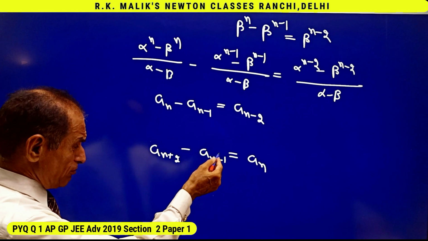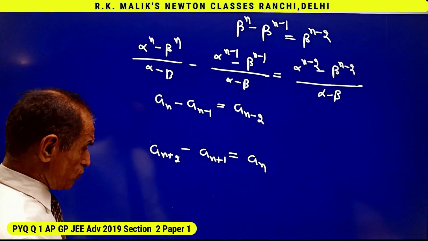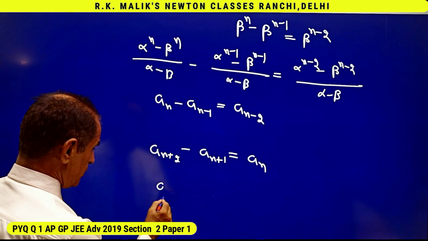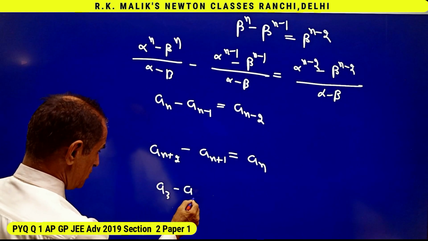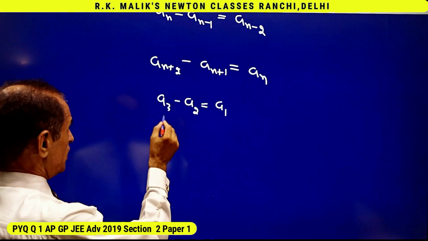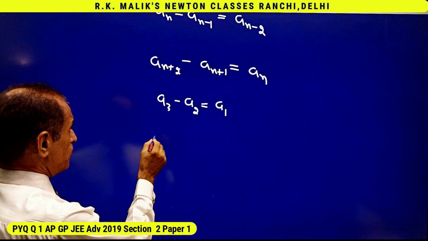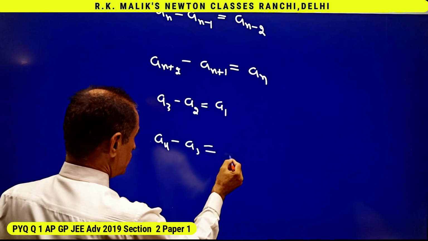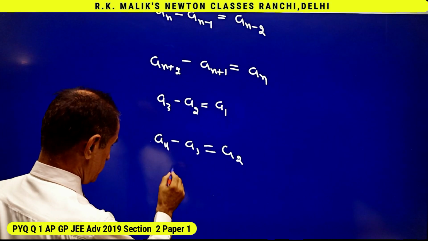And now to get the sum of a1, a2, a3 and so on, first put n equal to 1. I'll be getting a3 minus a2 equal to a1. Again putting n equal to 2, I will be getting a4 minus a3 equal to a2.